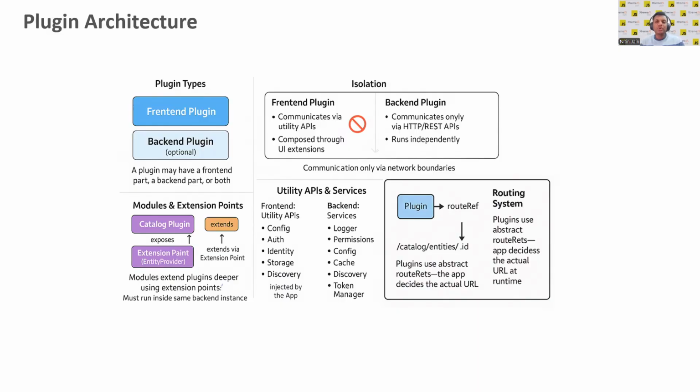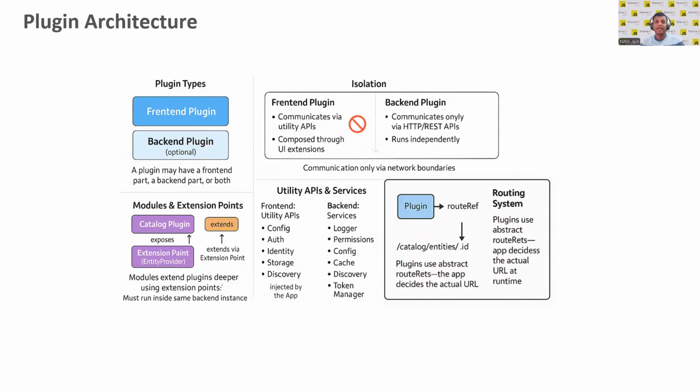So Backstage shows you how a plugin really works. These are the building blocks inside Backstage. The plugins could be a front-end plugin or a back-end plugin, or it could also be a shared plugin which is going to be reused in other plugins.